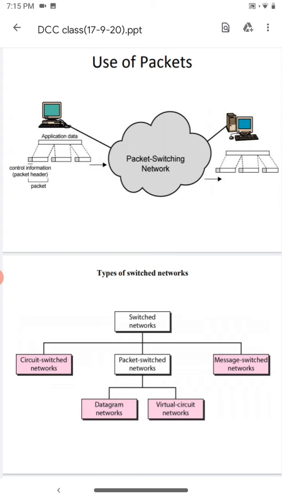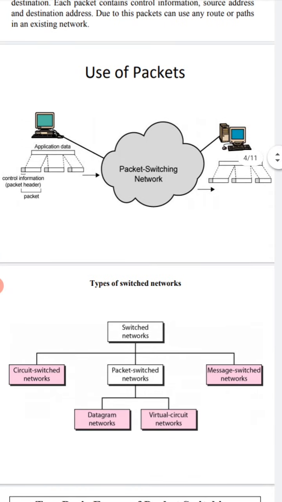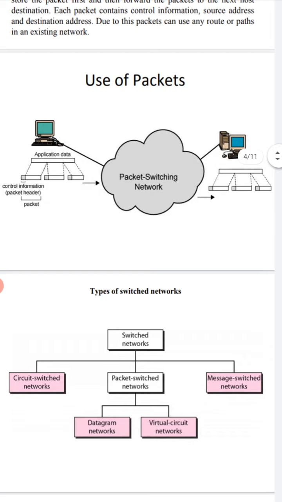So in this example, the full application data is broken into three packets. Then the sender can send the packets using the packet switching network, and the destination can receive all the packets and reassemble them to get the original data.